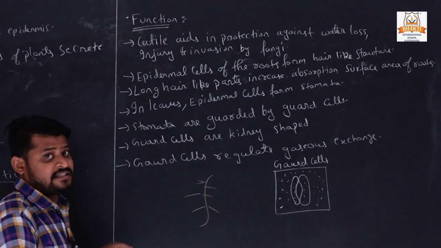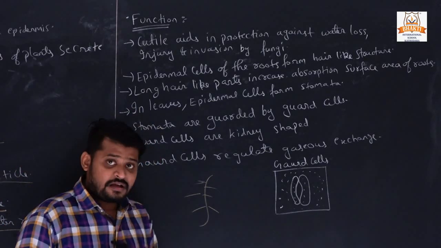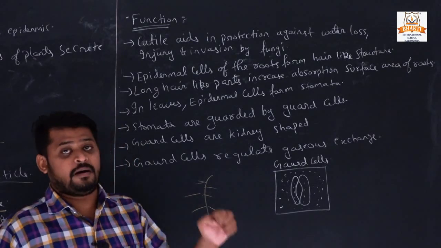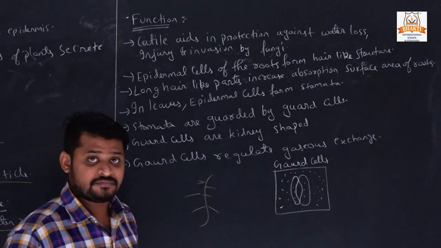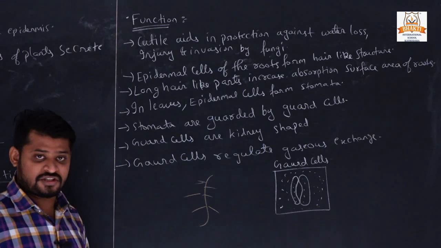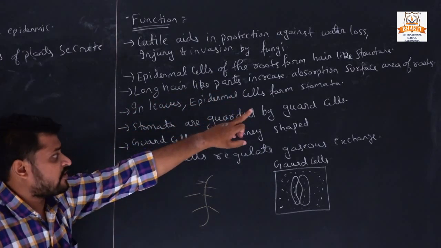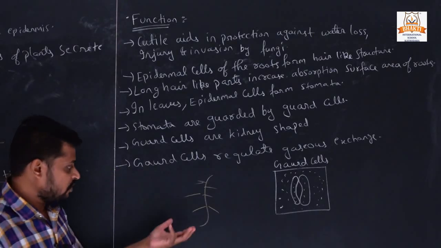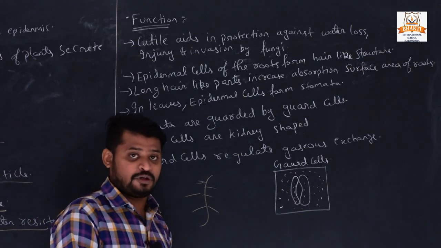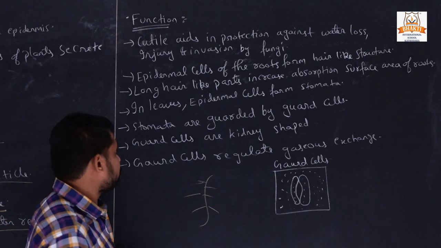It will increase the absorption area, then it will go deeper and find water, and complete its water requirement by increasing the absorption area with the hair-like structures. Long hair-like parts increase the absorption surface area of the root, so it can absorb more water.